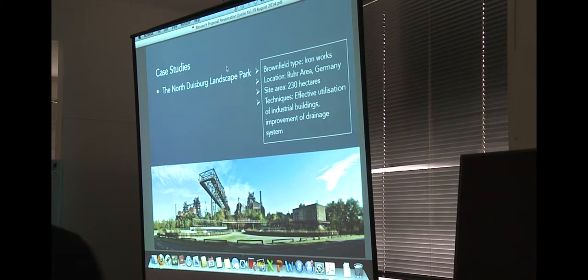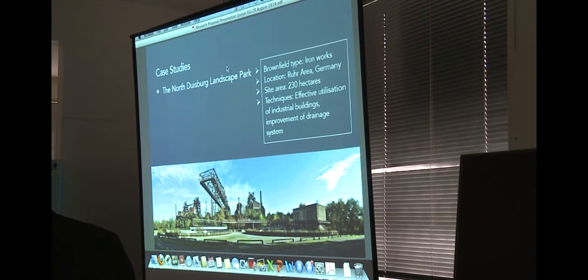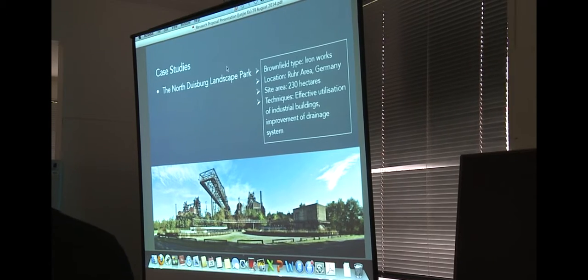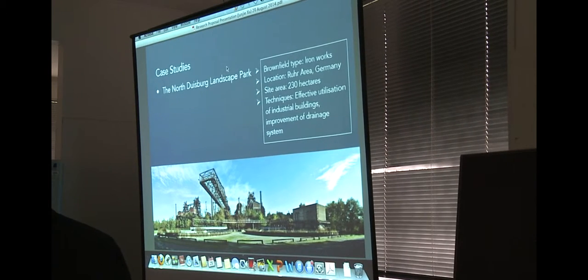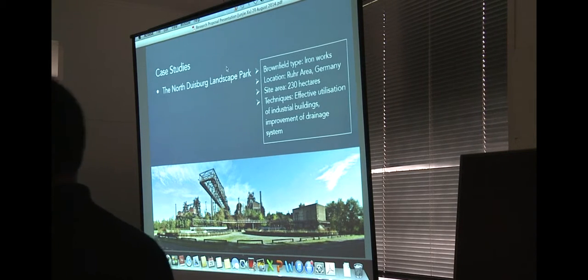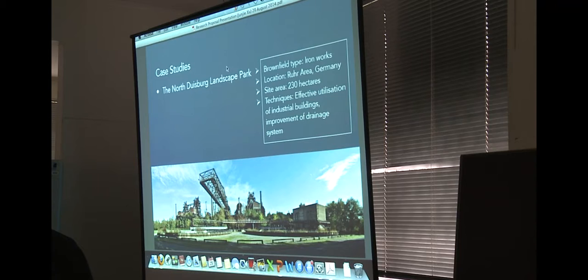Next is the Landschaftspark Duisburg-Nord. The famous thing is that all of the buildings and constructions have been put to effective use.